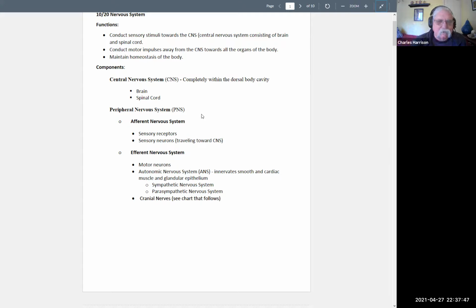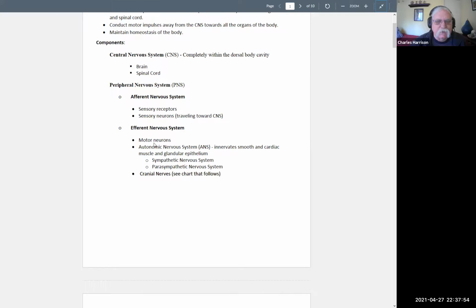That includes the afferent nervous system, the incoming nervous system, in other words, and the efferent nervous system going outward, which is motor neurons, motor nerves, the autonomic nervous system, and its two subdivisions, sympathetic and parasympathetic, and the cranial nerves.